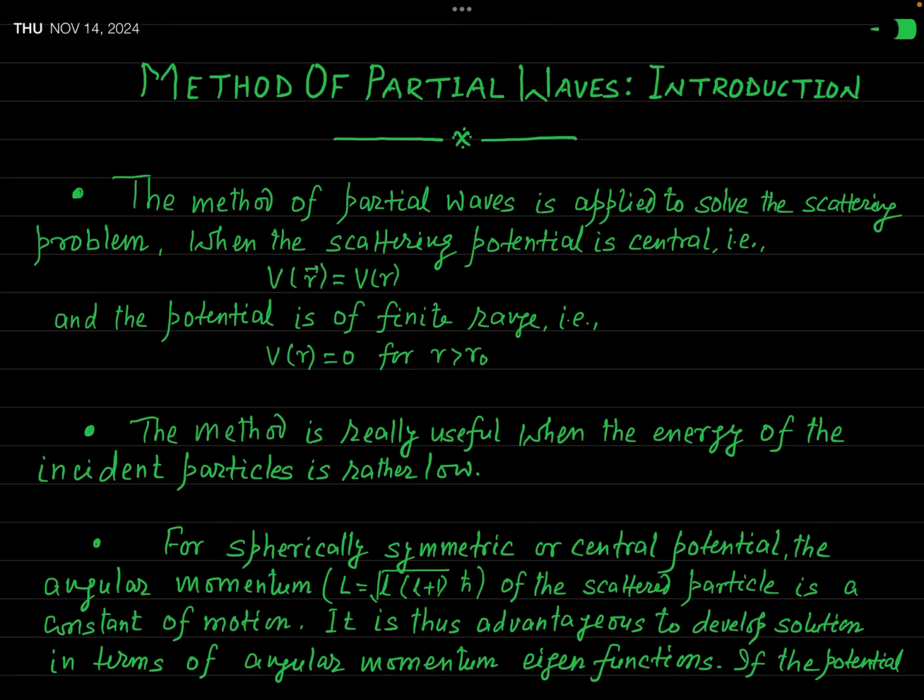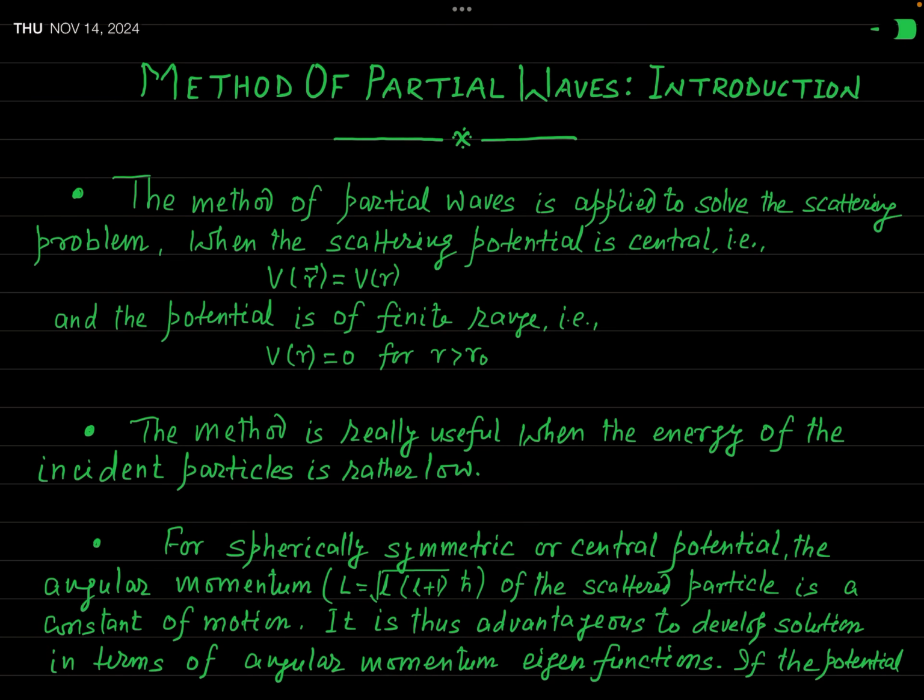And that target is actually, in terms of quantum mechanics, a source of potential. And that potential, which is also called a scattering potential, actually produces a scattering to the incident particle. So the nature of potential plays a very important role in a scattering problem.